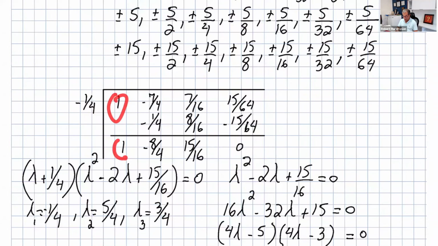So you bring the 1 down, -1/4 times 1 is -1/4, so you get -8/4, which is just -2, and -1/4 times -8/4 is 8/16, and you get 15/16. And finally, -1/4 times 15/16 gives -15/64, and you get 0. So we know that -1/4 is a zero.